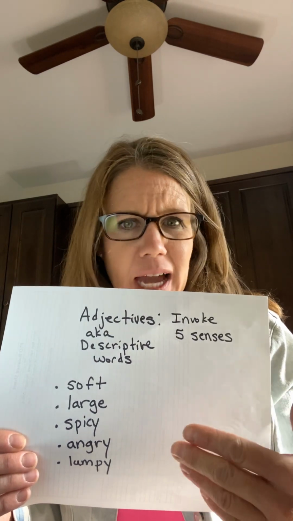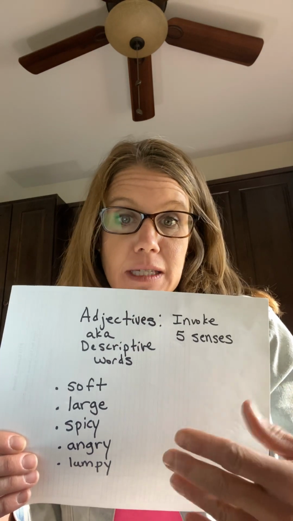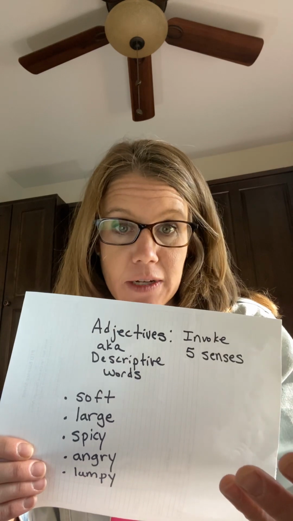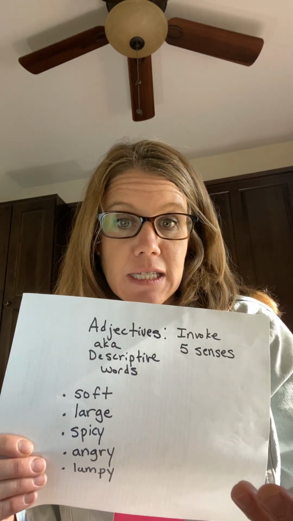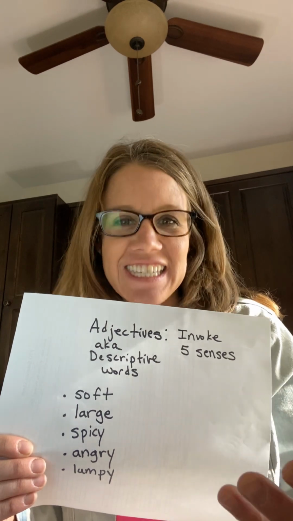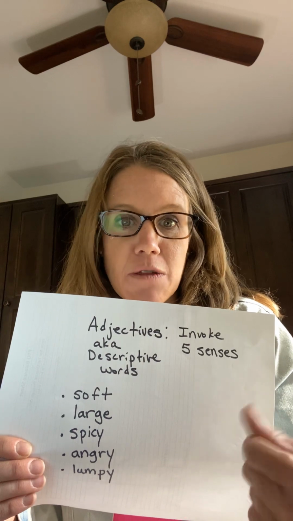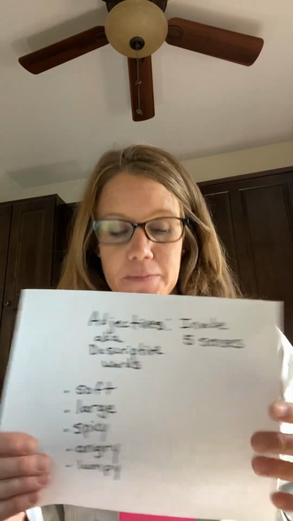I didn't really have a smell in here, but you could describe how something smells, sweet or stinky. Just anything that will help your reader experience what you're talking about through the 5 senses. And don't overuse adjectives. You don't need 3 adjectives for one word. Just sprinkle them in here and there.